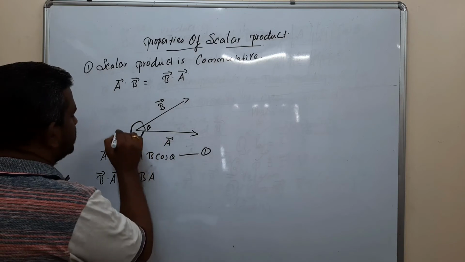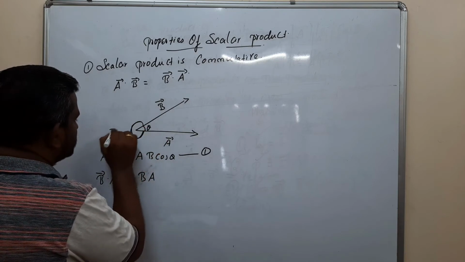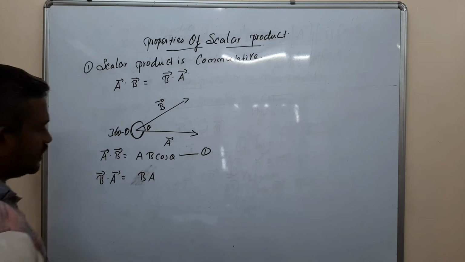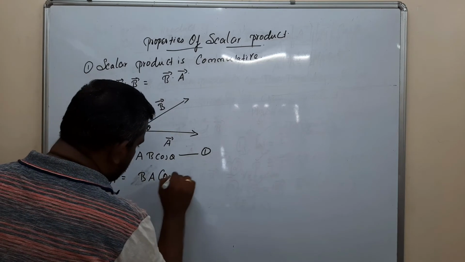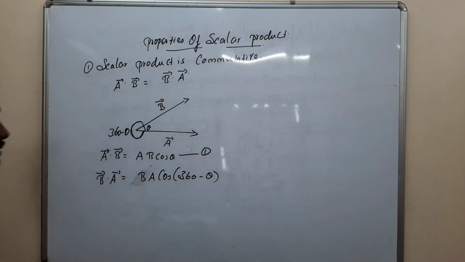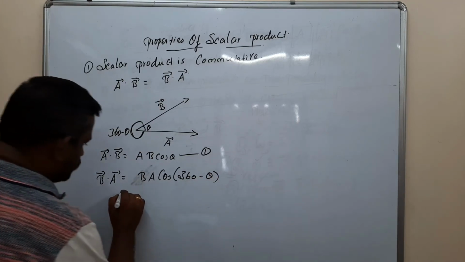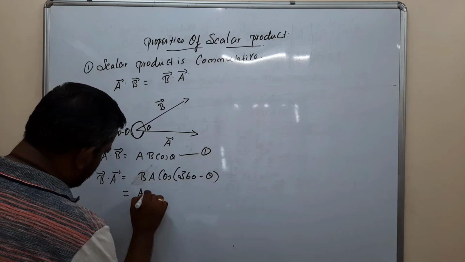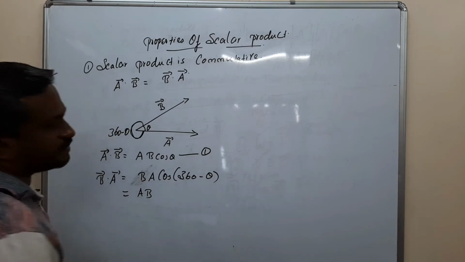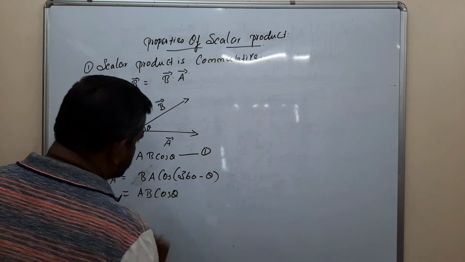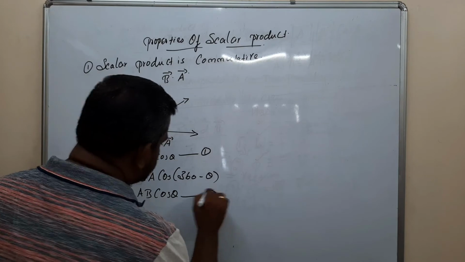If this is theta, then this angle is 360 minus theta. So BA cos(360 minus theta). BA we can write as AB, and cos(360 minus theta) is cos theta only. Take it as equation number 2.